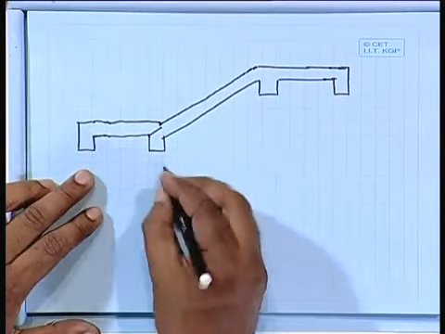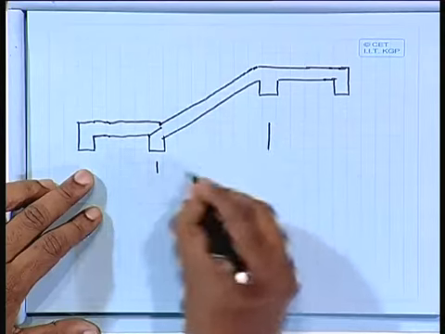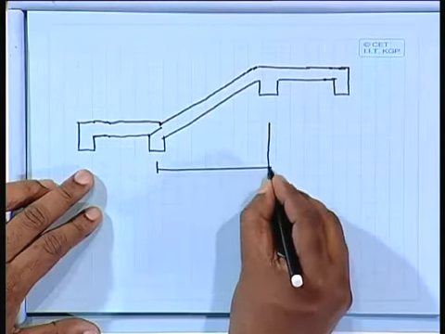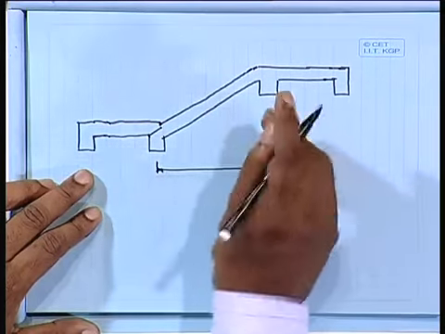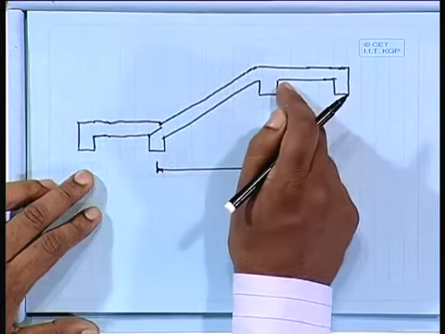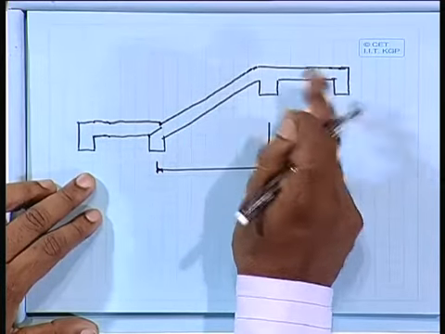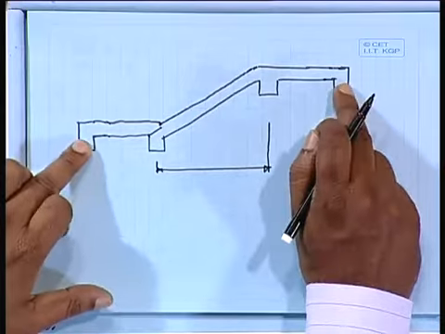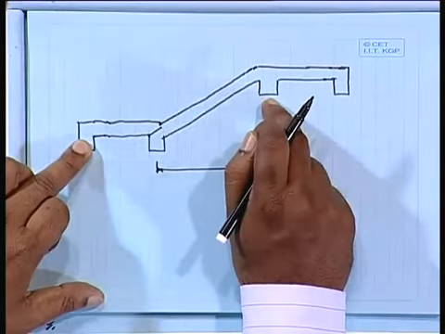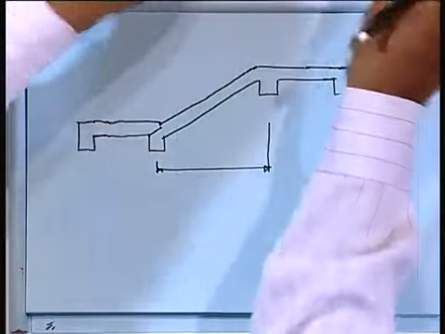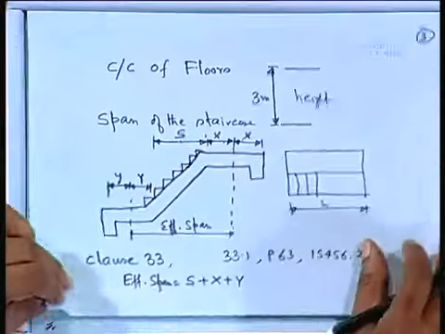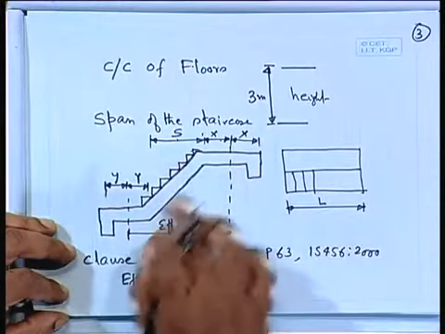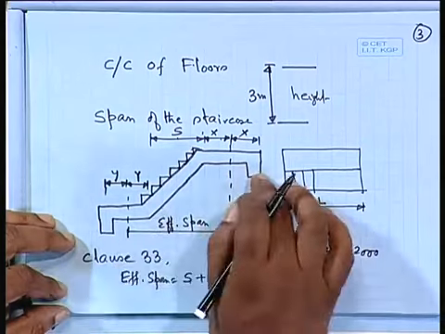In this case, what will happen? The effective span here, because we do not have any such thing, is only the center to center distance, because it is supported by these two beams. The first one we showed is supported here, there is no beam here. Please note, I think you remember. So this is the case where there is no support here, it is only supported on these two beams.